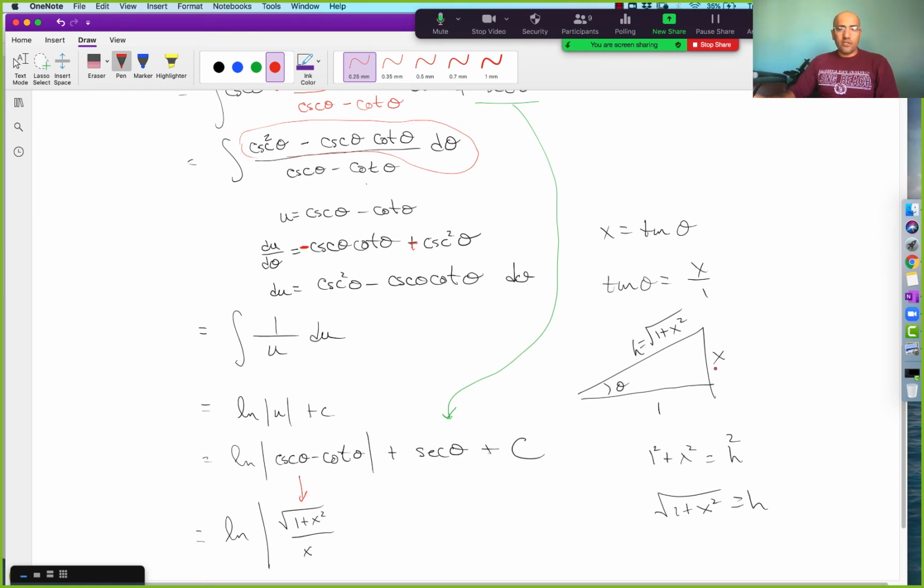Cotangent is adjacent over opposite, so this would be minus 1 over x. Plus the secant. Now secant is 1 over cosine, and cosine is adjacent over hypotenuse, so the other way around. You just end up with the square root of 1 plus x squared all over 1, plus some constant.